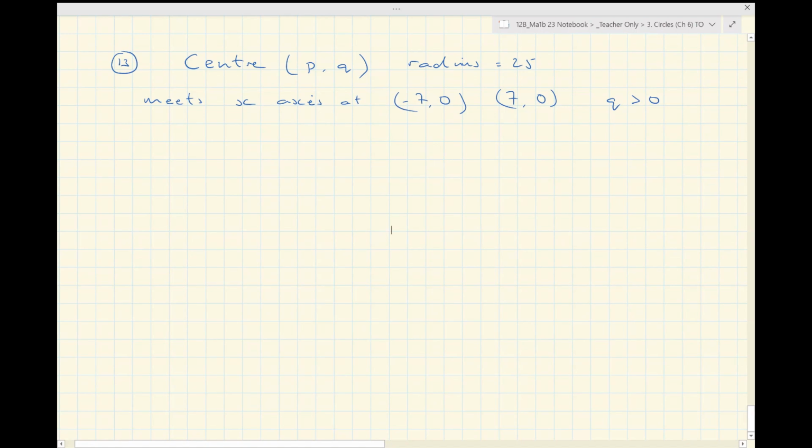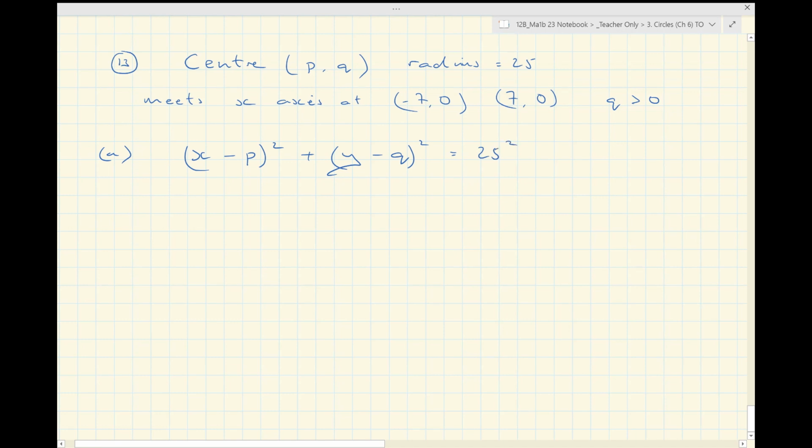Question 13. I have a circle with a certain centre and with a radius of 25, and I know it meets the x-axis at those points. And I know that q is greater than 0. Let's have a look. I can write the formula for the equation of my circle: x minus p squared plus y minus q squared equals 25 squared.